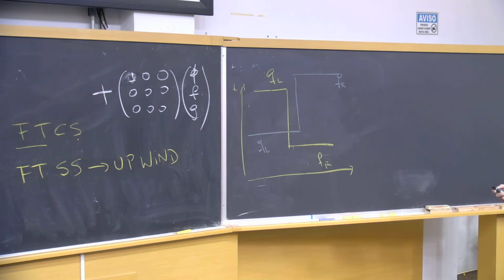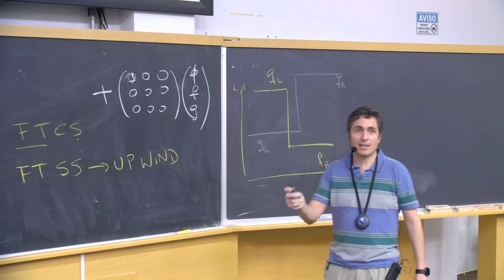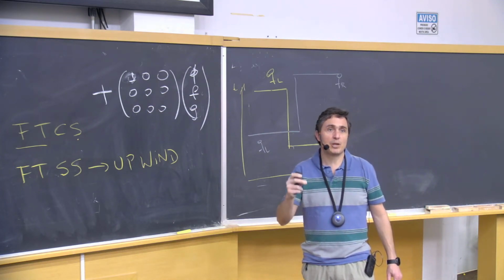But let me just backtrack a little bit and say, how do all these methods differ with respect to each other? By and large, they differ in the following. So I just told you that we were going to try to solve the full problem as a series of Riemann problems. So that was a bit of a white lie. They don't solve the Riemann problem exactly. They solve a Riemann problem approximately.